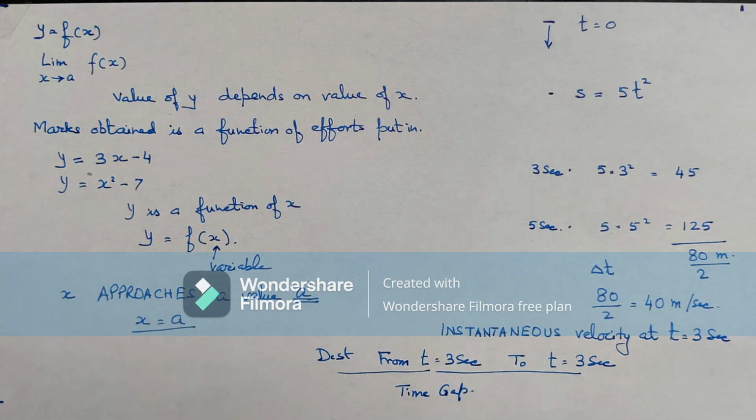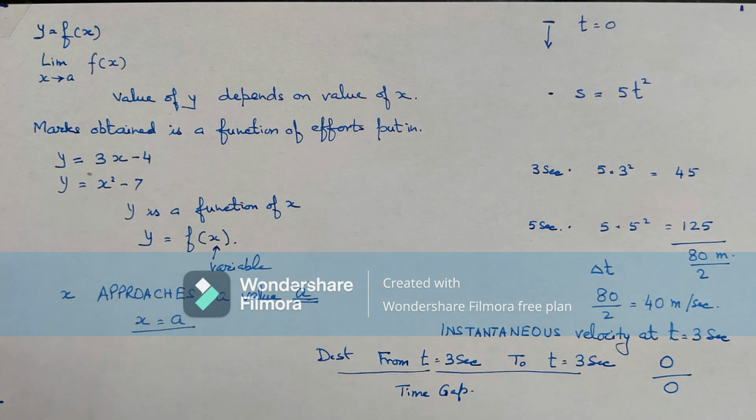Obviously no. Distance traveled from 3 seconds to 3 seconds is going to be 0, and the time gap from 3 seconds to 3 seconds is going to be 0. So 0 by 0, which is not defined, it has no answer.